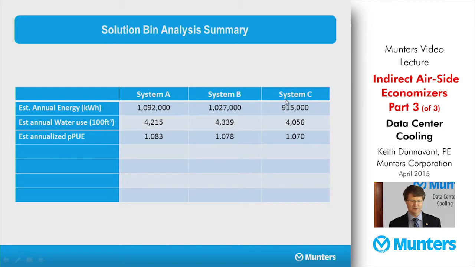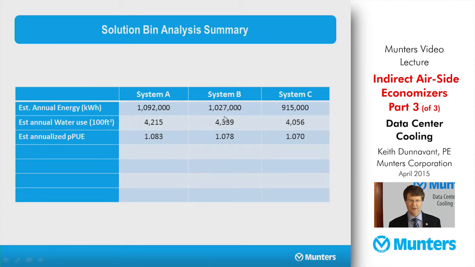So system C is the overall winner for the annual power consumed. In terms of water consumption, you'll see that you've got 4,215 cubic feet of water consumed by solution A, 4,339 by system B, and 4,056 by system C.